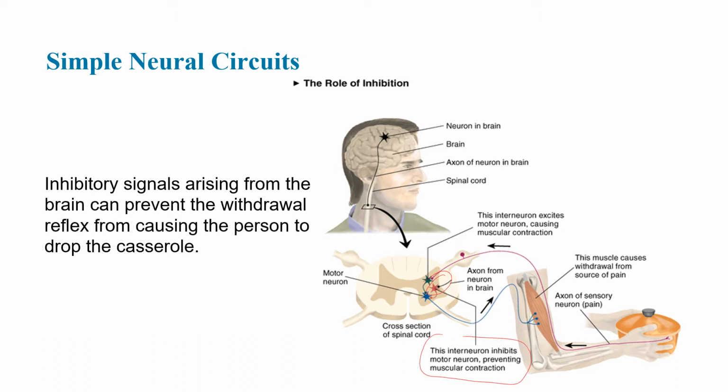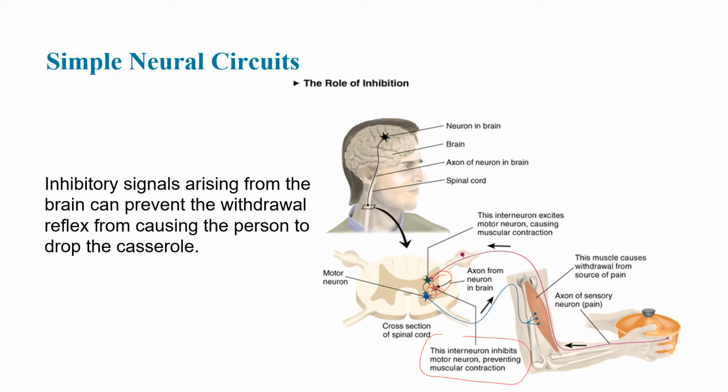where it's right in there, this interneuron, it's a different interneuron. It's an interneuron that's basically getting activation from the brain and is actually acting to inhibit this reflex action.